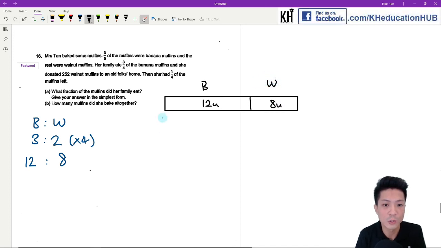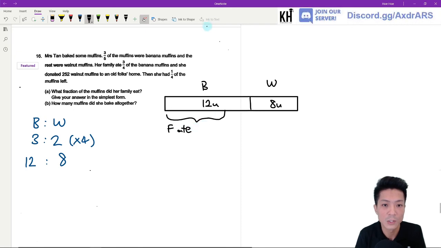The family ate 3/4 of the banana, which means the family ate how many units? 3/4 of 12 units is 9 units. And this is left.